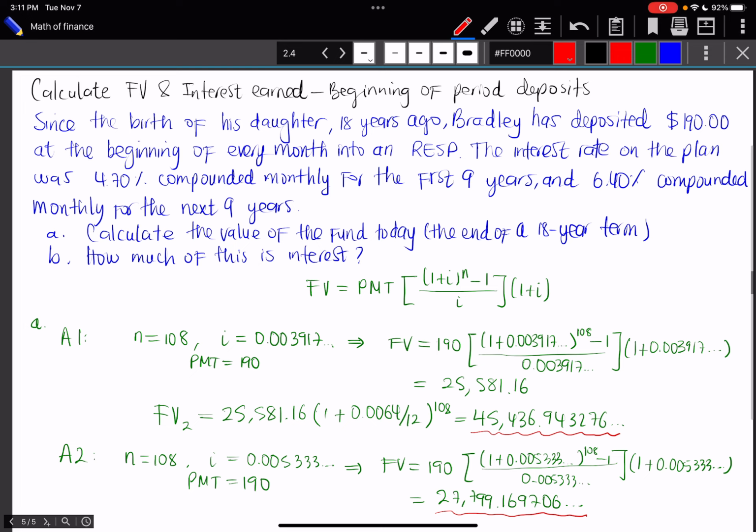Okay. Now the total accumulated value of the fund at the end of the 18-year term is the addition of those two numbers that we have right here.